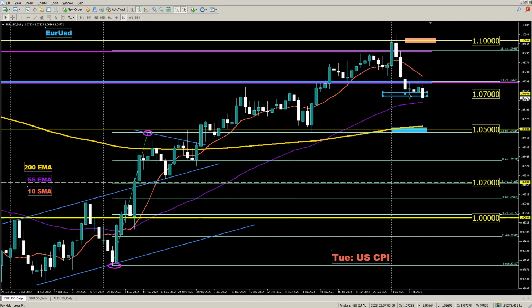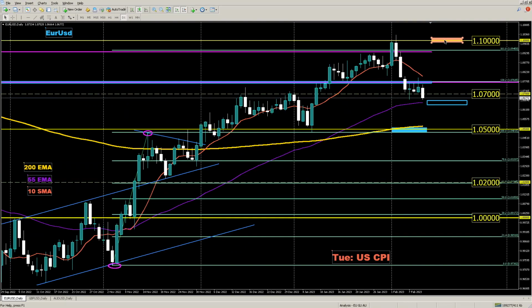So right into this support zone. Probably extend this slightly lower to the 55 EMA, which is at 106.50.